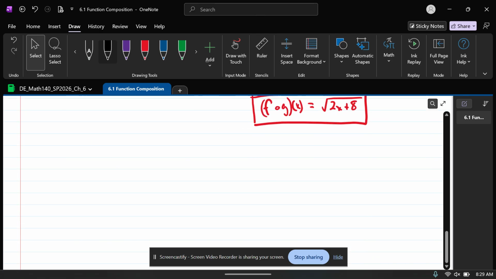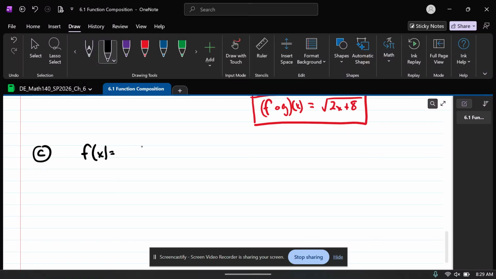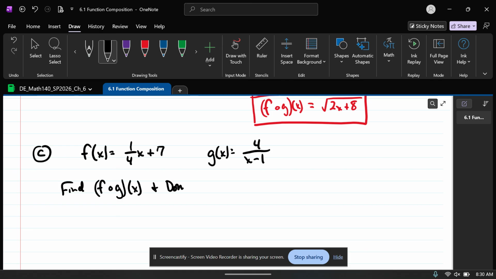Okay, so here's our two functions: f of x, 1/4 x plus 7, and g of x is going to be 4 over x minus 1. Okay. We're going to find f composed with g and the domain.